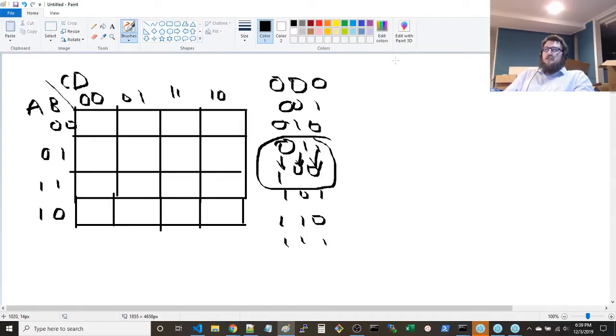See how this alternates 1 1 0 1 0 1 0 1, and this alternates 0 0 1 1 0 0 1 1, and then 4 zeros, 4 ones.